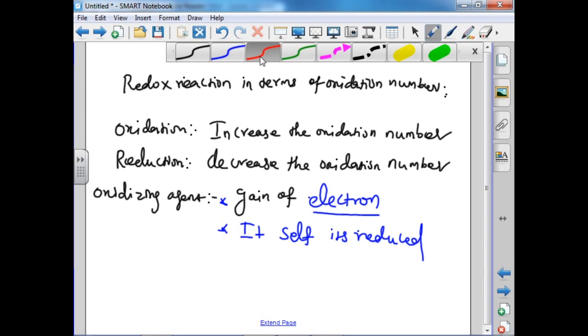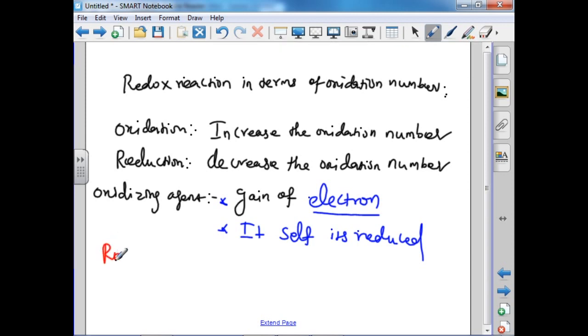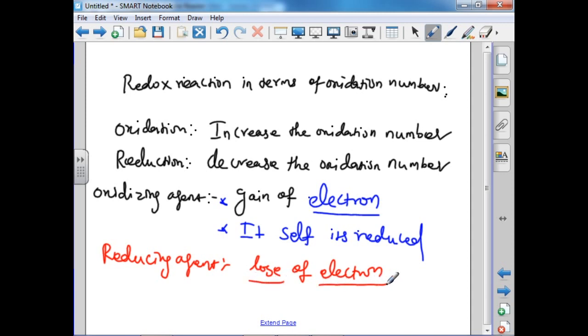The next one is the reducing agent. It causes loss of electron, and itself it is oxidized.